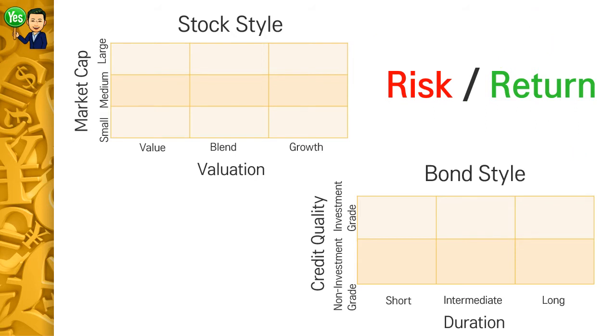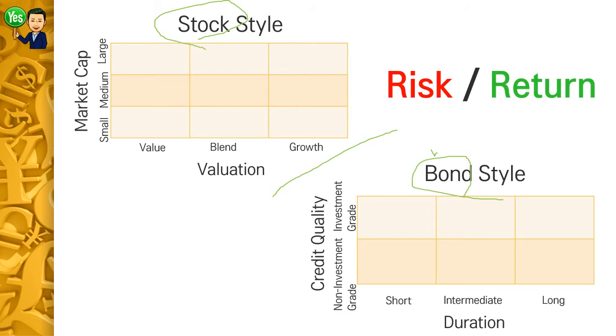There are two things we can talk about in the investment world. One is stocks, the other is bonds. Stocks are more high risk, high return. Bonds are low risk, low return.